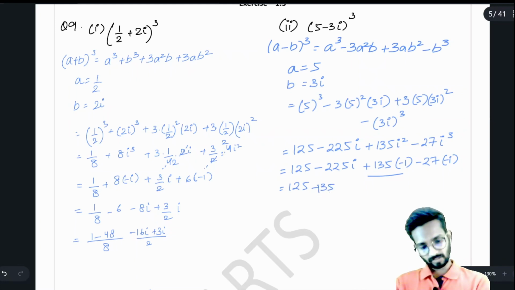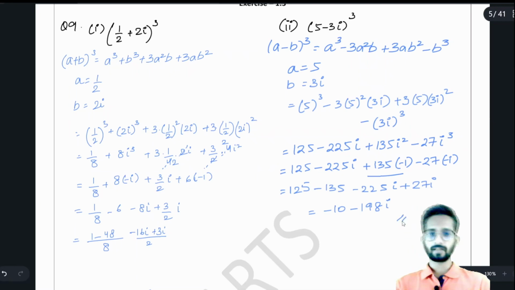Like terms means that they don't have any other variable with them, so you can directly write that it is equal to 125 minus 135 minus 225i plus 27i. It will become minus 10 minus 198i, and this will be your final answer.